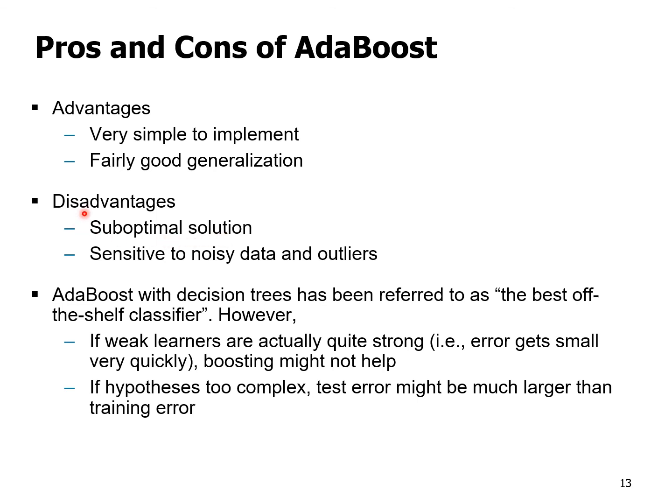The main problem of AdaBoost is this one: this algorithm is sensitive to error or noisy data. The reason is, if you remember the mechanism of AdaBoost, each data has a weight. If a certain data is misclassified, we increase the weight, and that actually increases the probability of being selected, right?